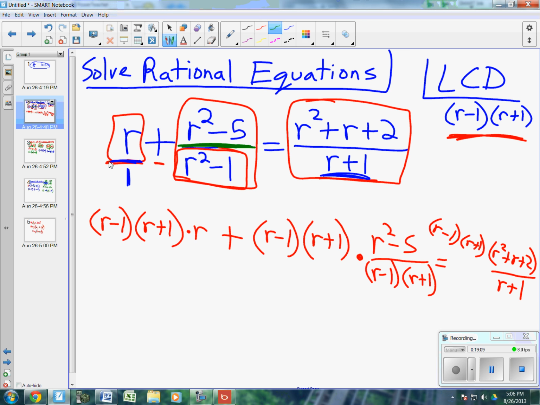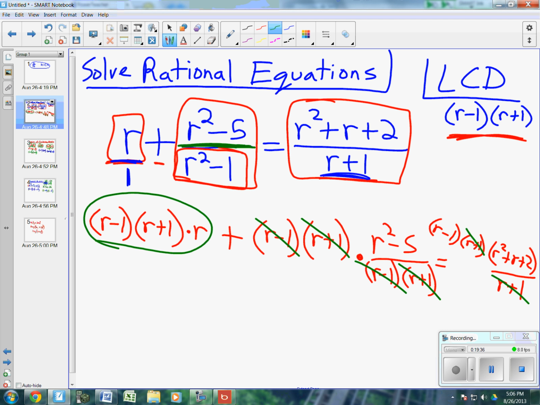Okay, what happens here is in this first term right here, nothing cancels out because there's no denominator and numerator. But over in the second term, this r minus 1 cancels with this r minus 1, and this r plus 1 cancels with this r plus 1. And so I'm going to rewrite this left side of the equation right now. Well, let's cancel everything. And over here, the r plus 1 cancels with this r plus 1.